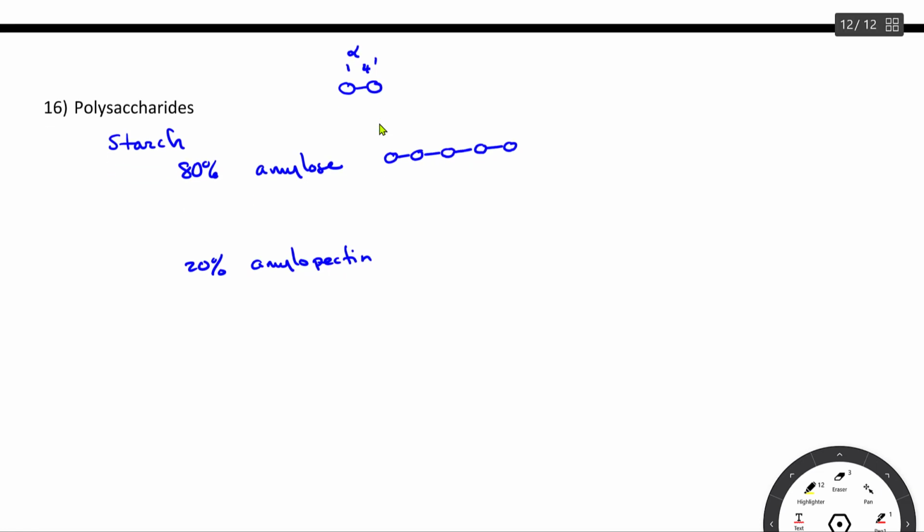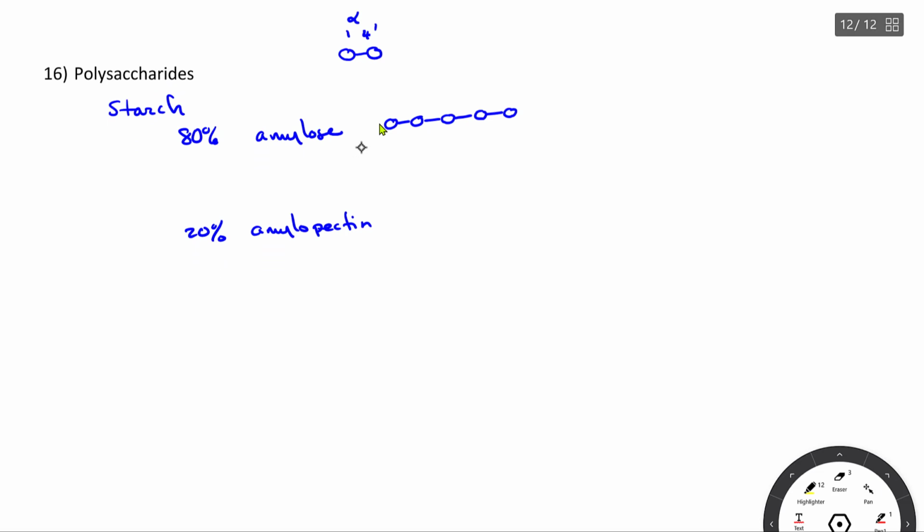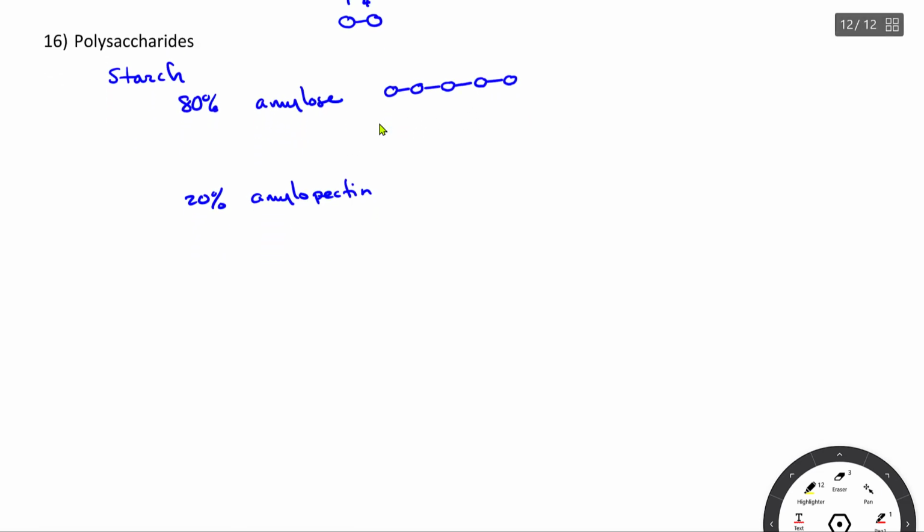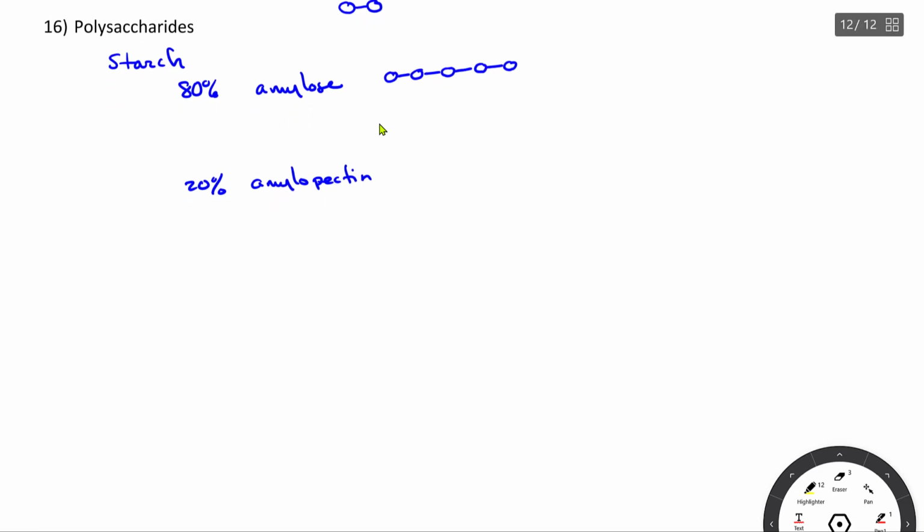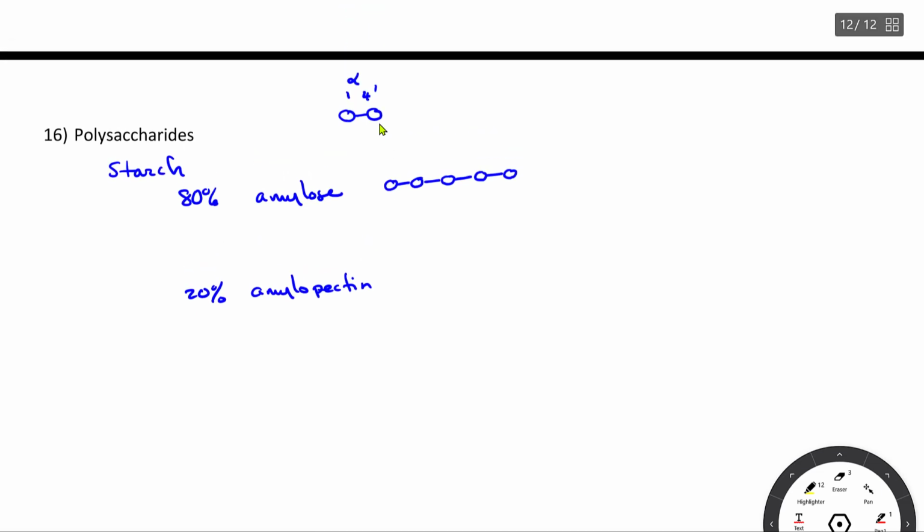That's what amylose is. It's just a long polymer, a polysaccharide of glucose molecules in an alpha-1,4 glycosidic bond pattern. Now, amylopectin does something a little bit different. This is what I want to show you. If I have a glucose that looks like this, remember I said you can connect 1 to 6.